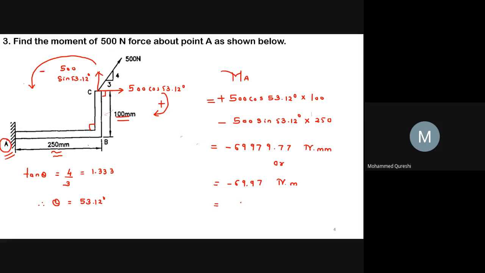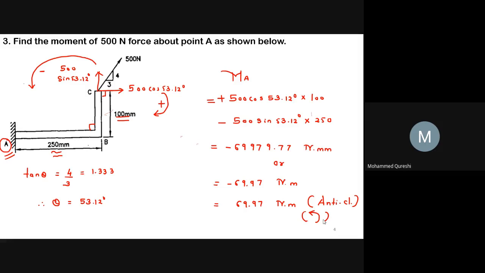Hence, we may say that it is 69.97 Newton into meter anti-clockwise, or we may simply denote it by this symbol for anti-clockwise movement.